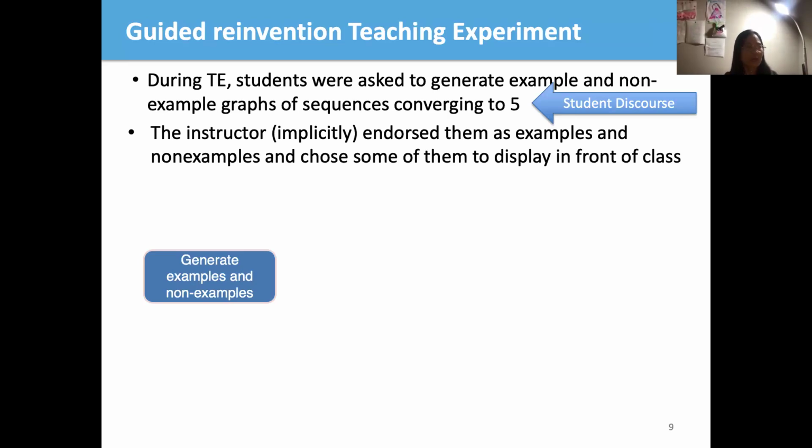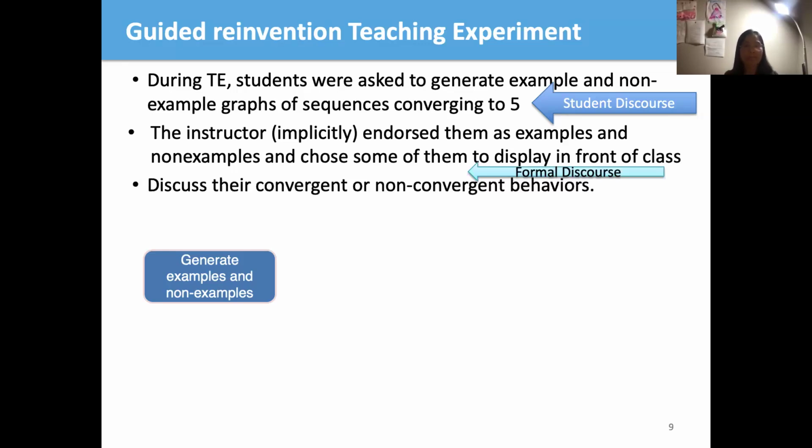By the way, all the examples and non-examples the students created were deemed correct, so there was nothing wrong with them. That was informed by formal discourse because the instructor used his judgment to decide whether they did it right or wrong. And then they discussed their convergent and non-convergent behaviors.